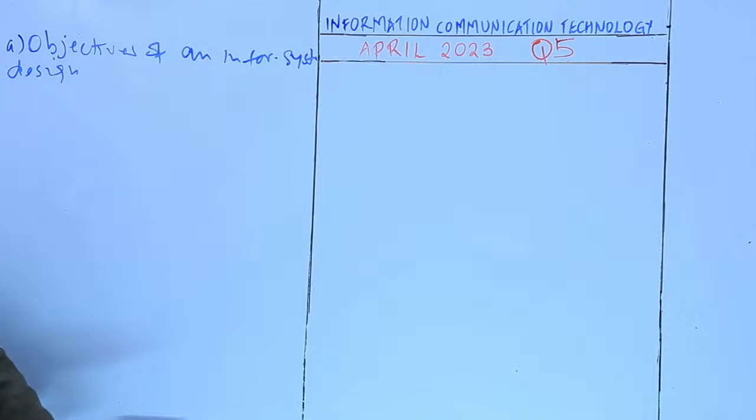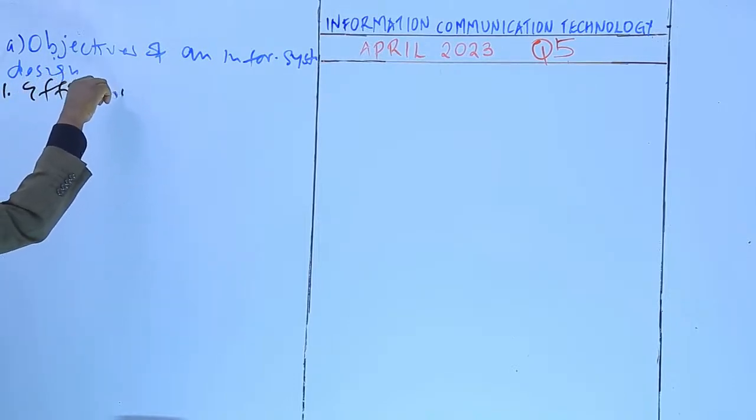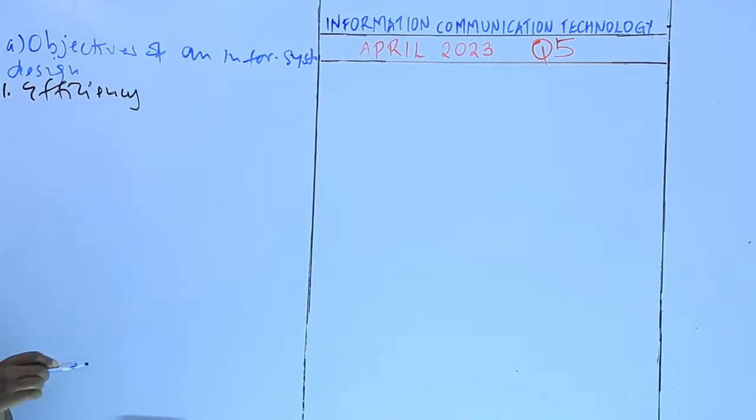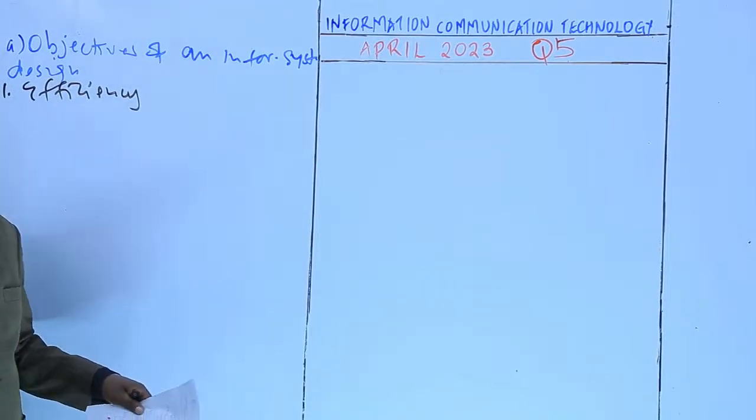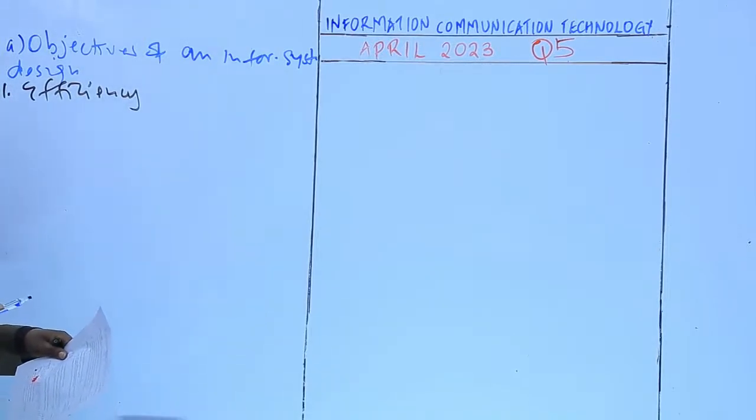Number 1, I say number 1 is efficiency. Efficiency. The design should aim to improve efficiency of the information system by streamlining processes, by reducing redundancies, and optimizing resource utilization.